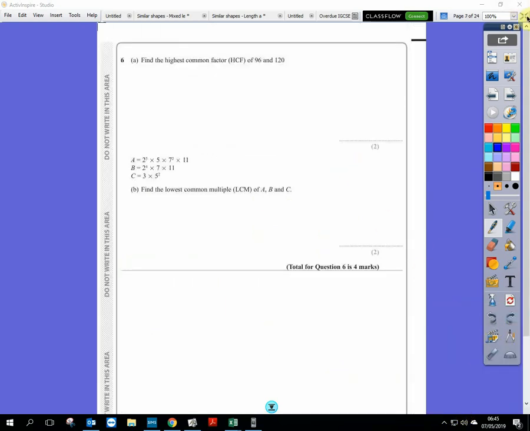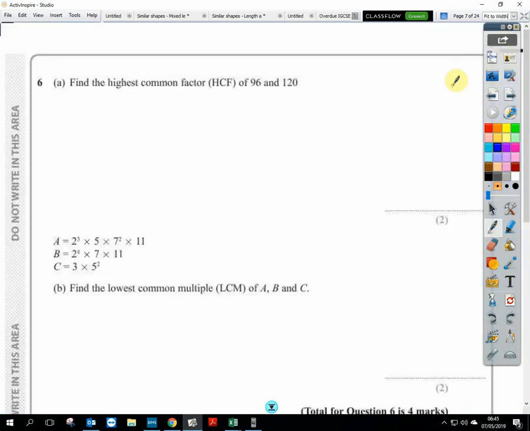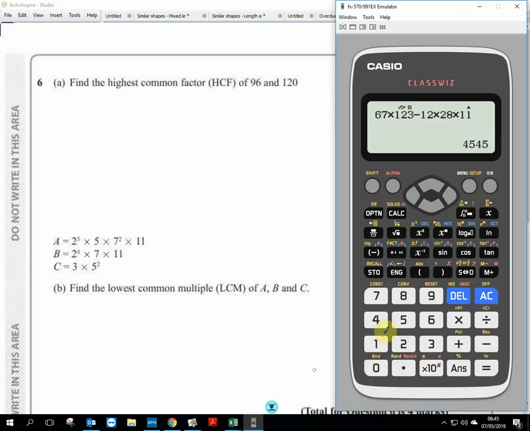Okay, so the next question is to work out the highest common factor of 96 and 120. Now, you're not asked to show how you write these numbers as products of prime factors. So I would help myself a little bit and use the calculator to generate 96 and 120 as products of prime factors.